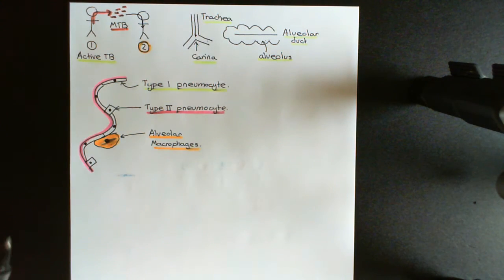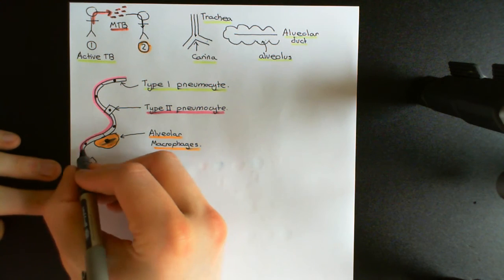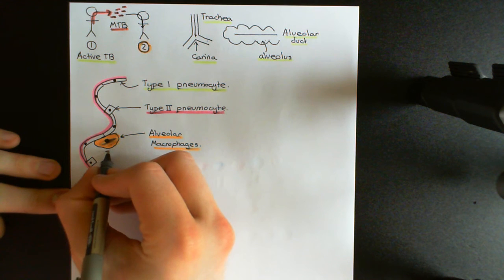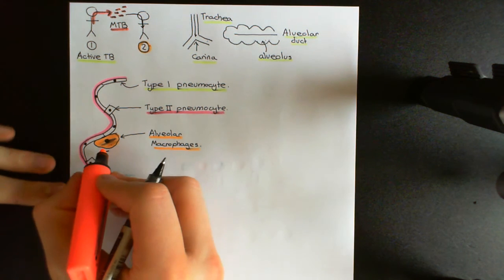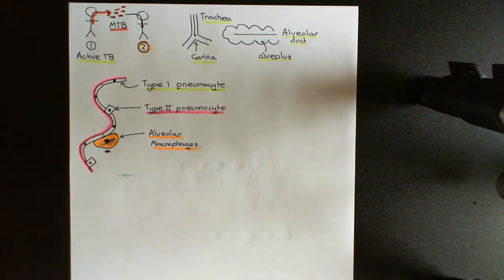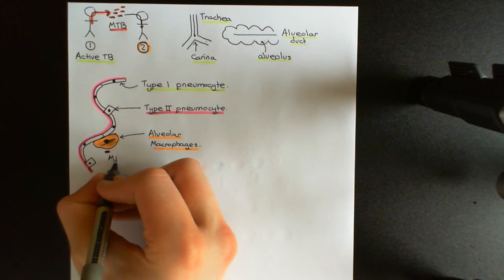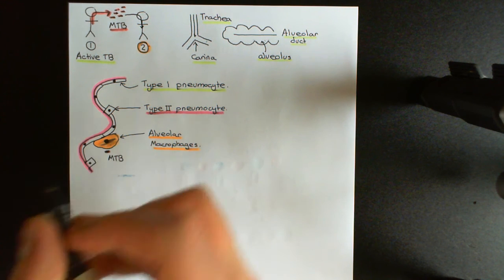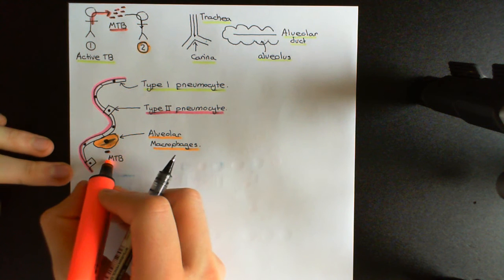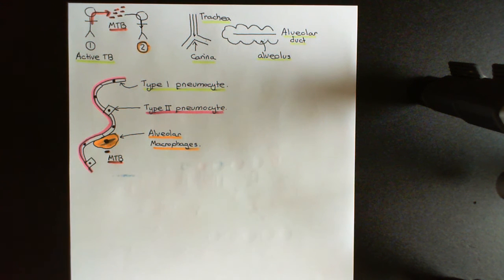So let's draw one down in this alveolus here. This tiny little rod that I've drawn here and I'm now colouring in red, that is going to represent a Mycobacterium tuberculosis, MTB for short, now in this alveolus.